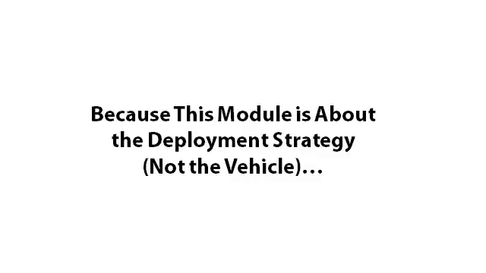Because really, this module is about the deployment strategy, not the vehicle. So it's about how you actually implement these messages, not the actual vehicle that you use to put them out there. It doesn't really matter if you're putting them out through an autoresponder or a list, or if you're putting them on Facebook or a blog or a tweet or another method. It's about the order and the strategy that you put these messages out there. So let's get stuck into it.